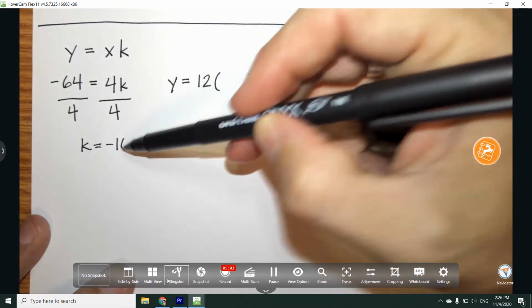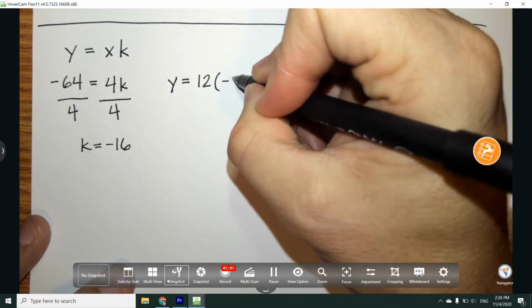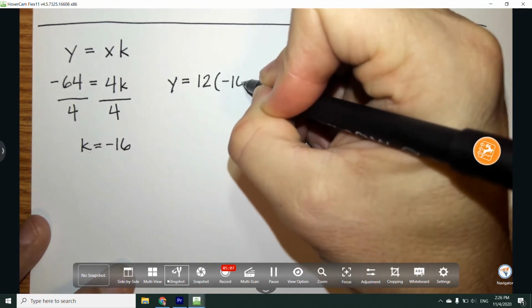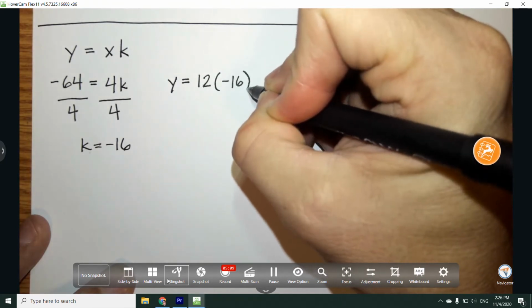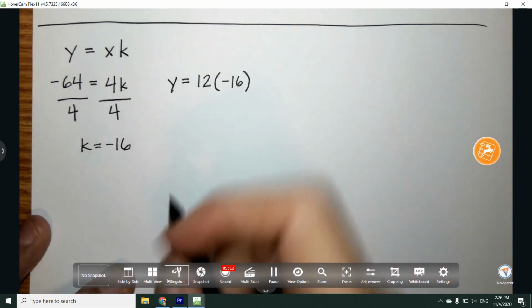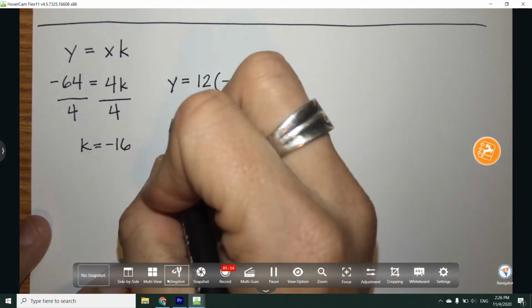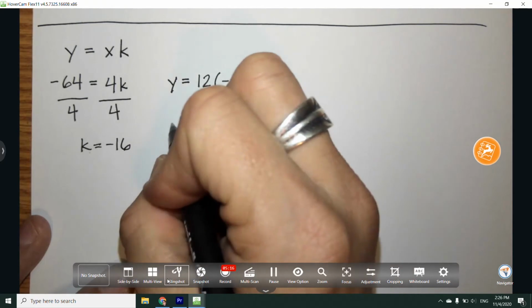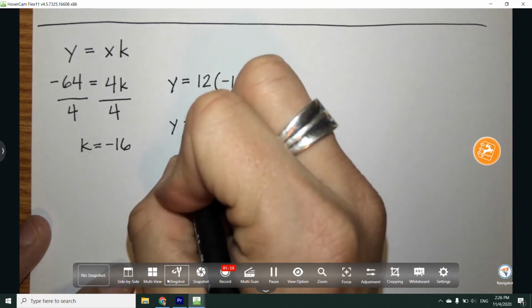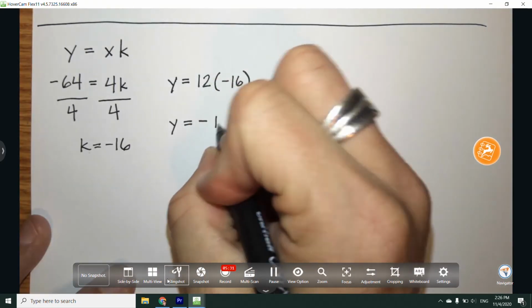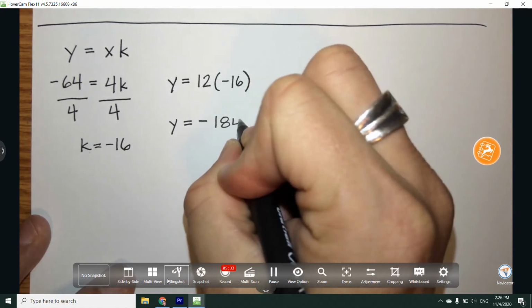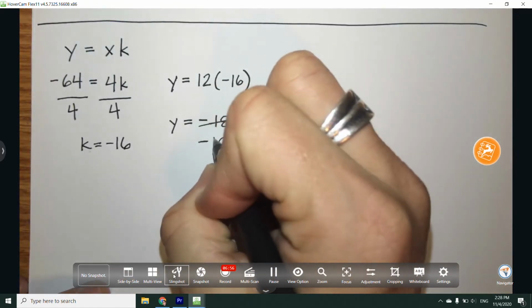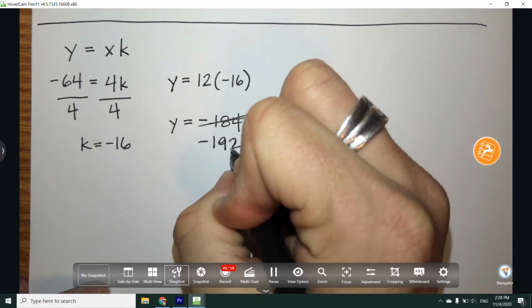So now we know our k is negative 16. So we're going to solve it for that. Okay? So we're going to multiply those two together, and we're going to find that y is equal to 184. Correction, it's negative 192.